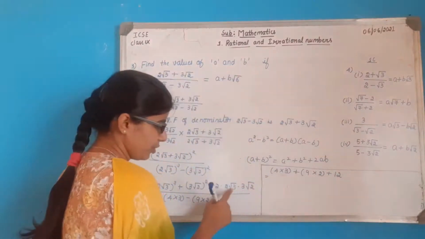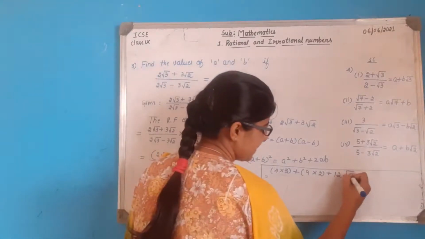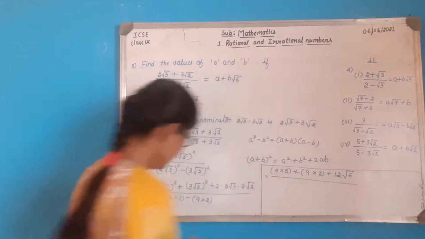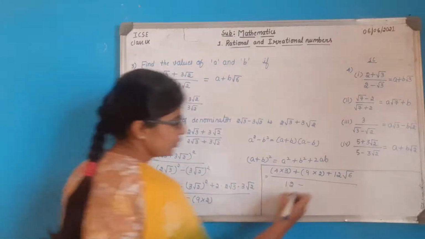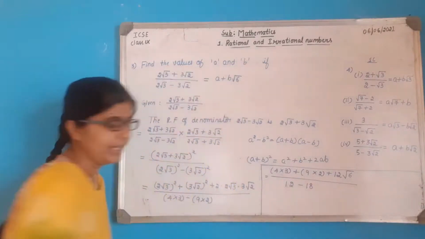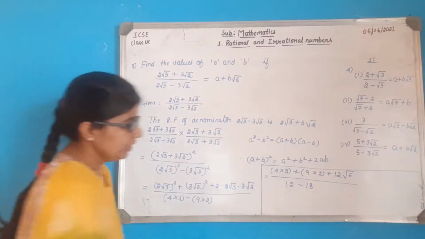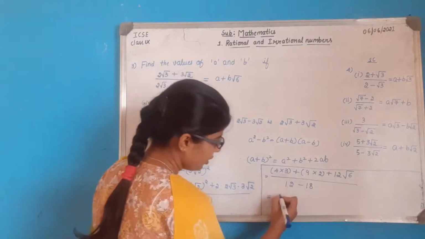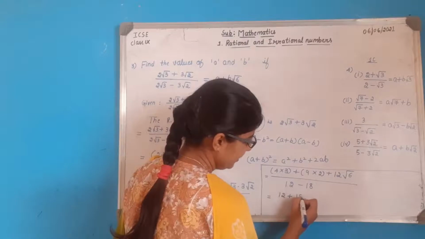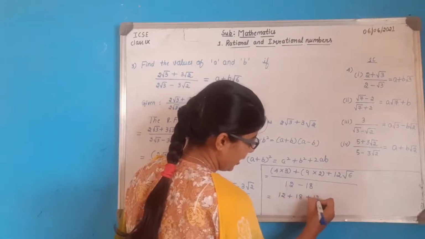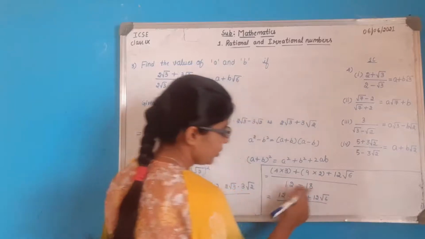Then multiply what is inside the square root: root 3 into root 2 is root 6, whole divided by here 4 3s are 12 minus 9 2s are 18. Now simplify the numerator. 4 3s are 12 plus 9 2s are 18 plus 12 root 6, divided by 12 minus 18.